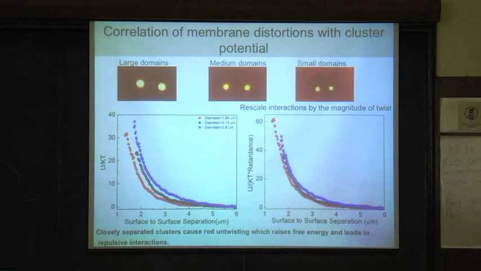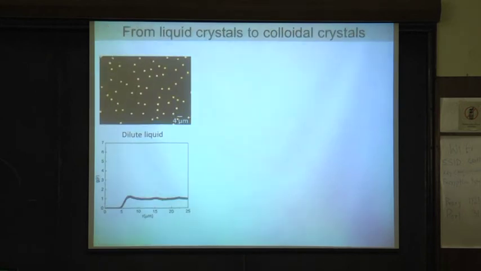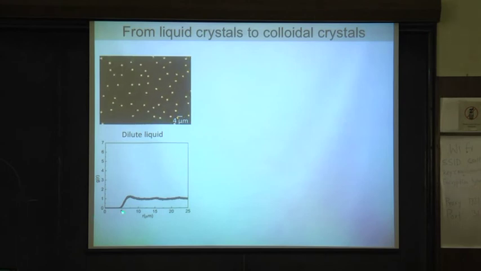Having understood how this repulsive interaction comes about, we can now start to look at higher order assemblages with them. If I have low number density of these clusters, they have dilute liquid-like order, where the pair distribution function just rises and then settles out quite quickly.